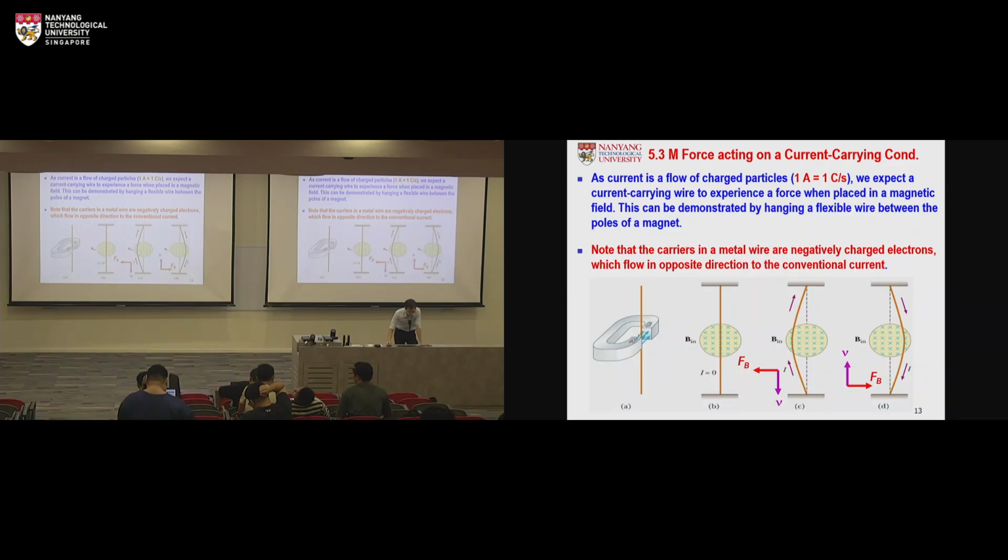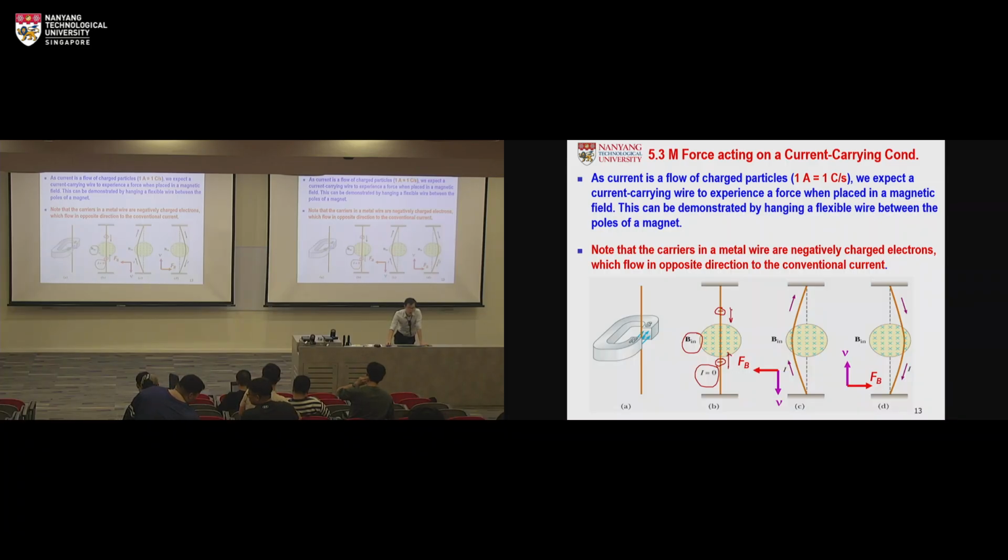So let's say here you have this kind of external magnetic field. If there is no current flow, of course, there will be no magnetic force. No current flow means, let's say, you may have one electron moving along this direction and another electron moving along the opposite direction, right?